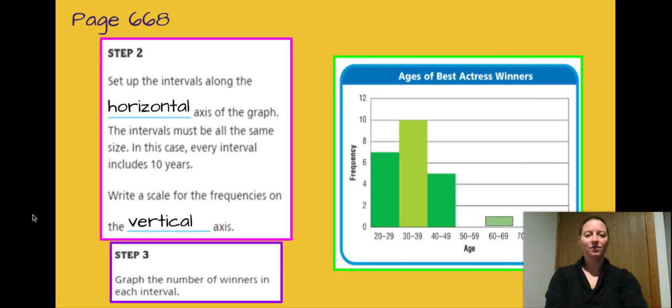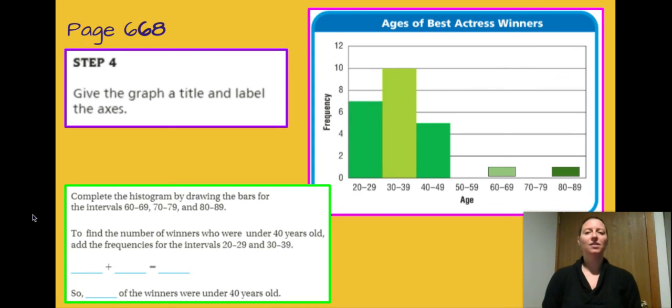And on page 668, you have to give the graph a title and label the axes. So the title is Ages of Best Actress Winners. The x-axis, or the horizontal axis, is age. The vertical or y-axis is frequency.